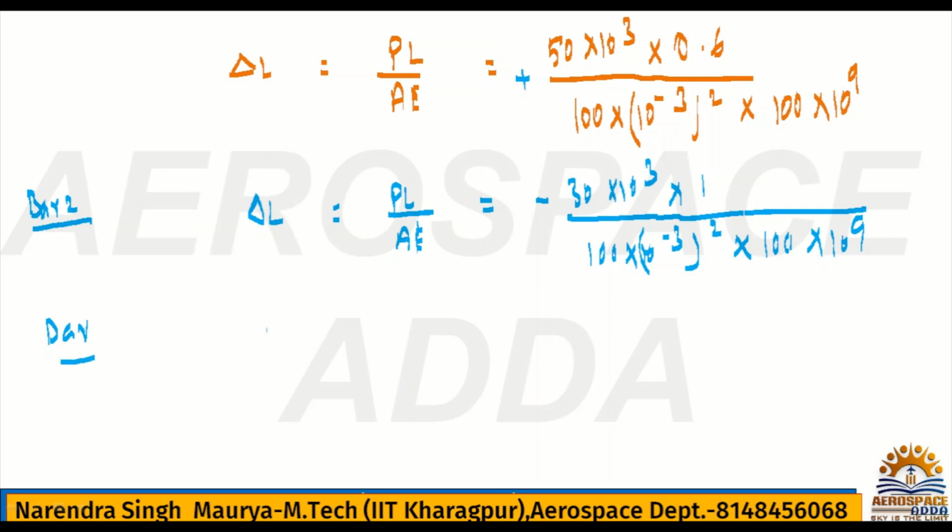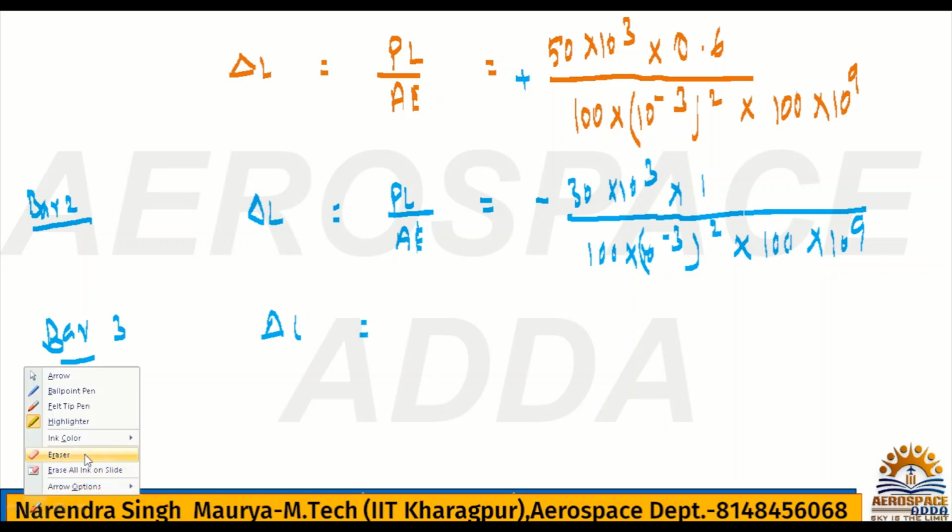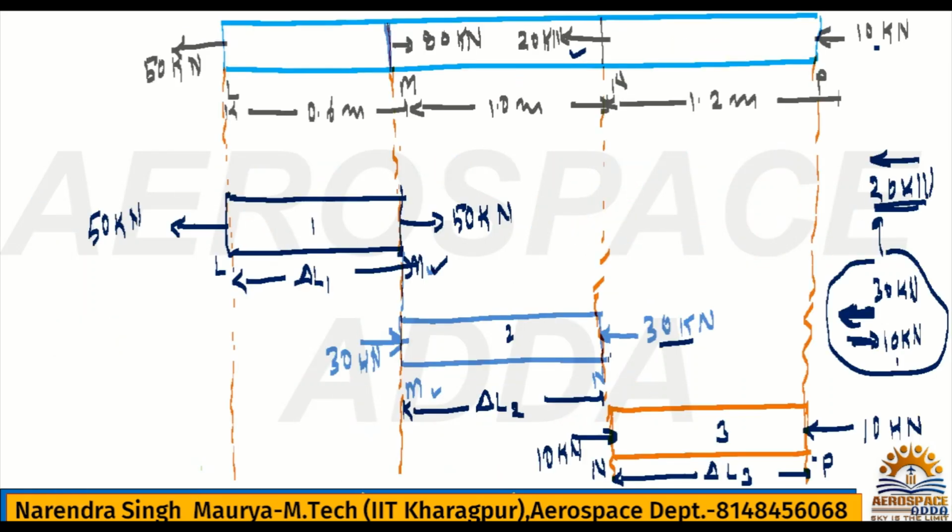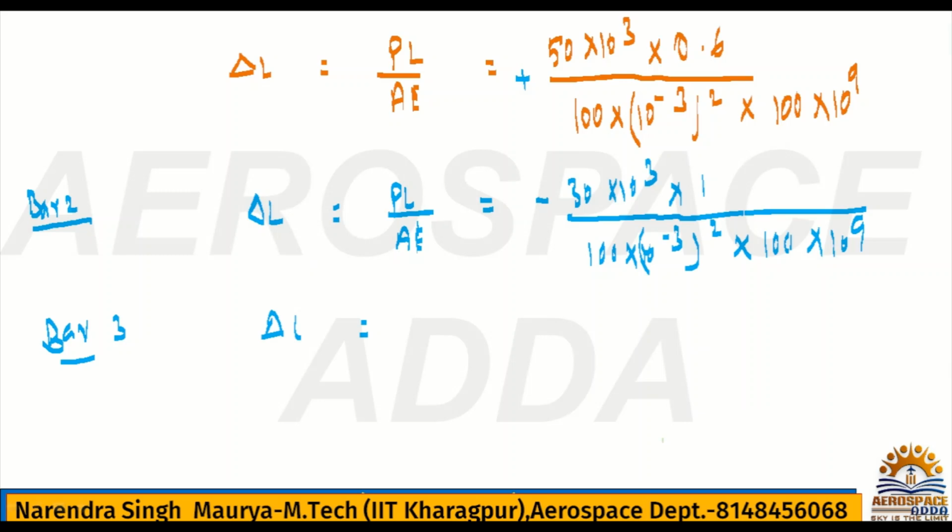Similarly, bar 3 change in length. Again we have to check bar 3. This is also a compressive load, an inward direction, so you have to keep the minus sign. The formula is PL by AE, but with minus.